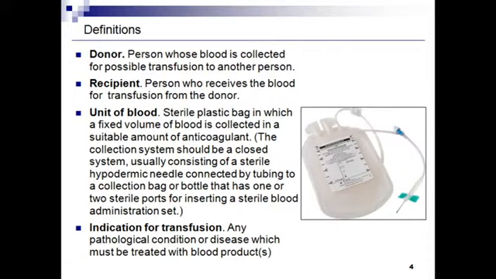The collection system should be a closed system, usually consisting of a sterile hypodermic needle connected by tubing to a collection bag or bottle that has 1 or 2 sterile ports for inserting a sterile blood administration set. Indication for transfusion. Indication is any pathological condition or disease which must be treated with blood product or blood products.